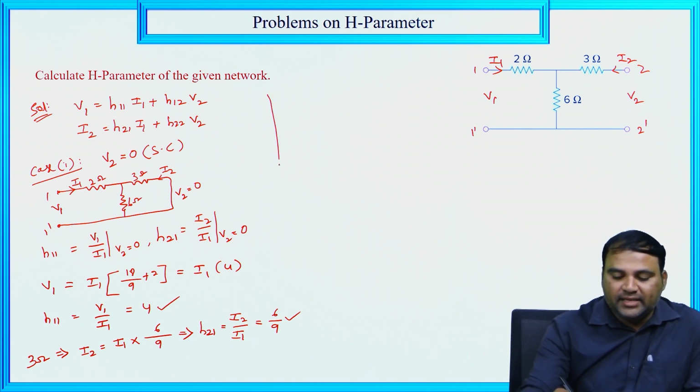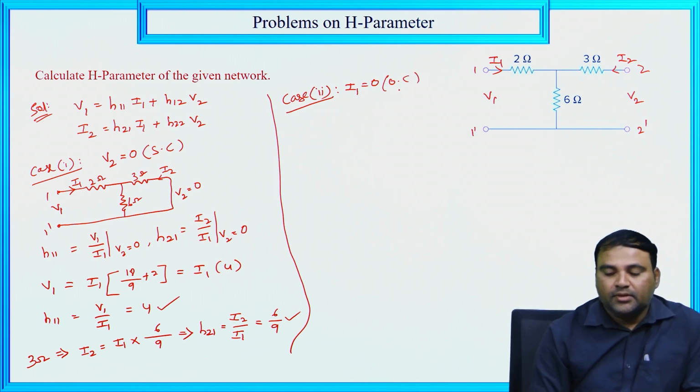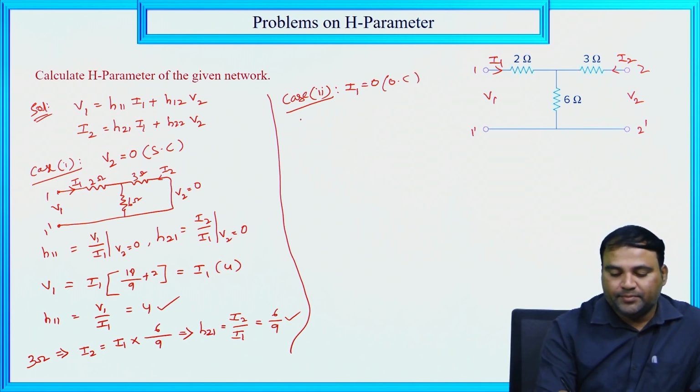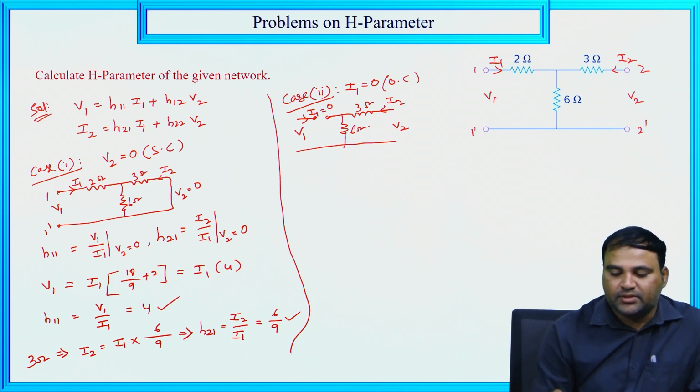And here for the second case, in second case we have to take I1 equal to 0. So in case 2, I1 equal to 0 means we have to open circuit. So open circuit the 2 ohm element. So this is V1, I1 equal to 0, this is I2, V2, 3 ohm and this is 6 ohm, right?